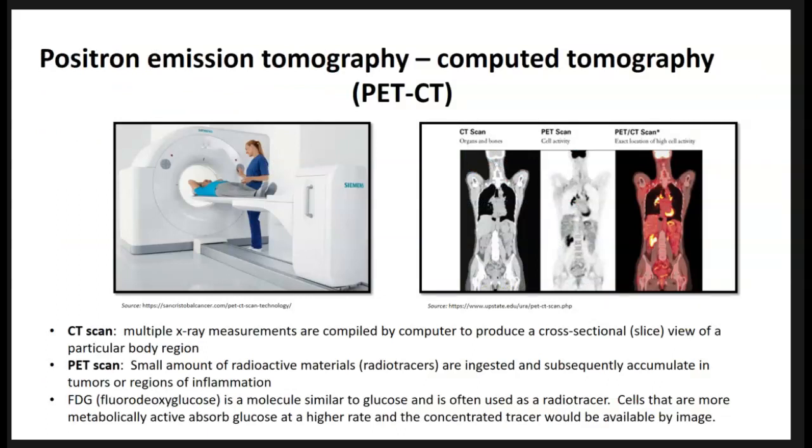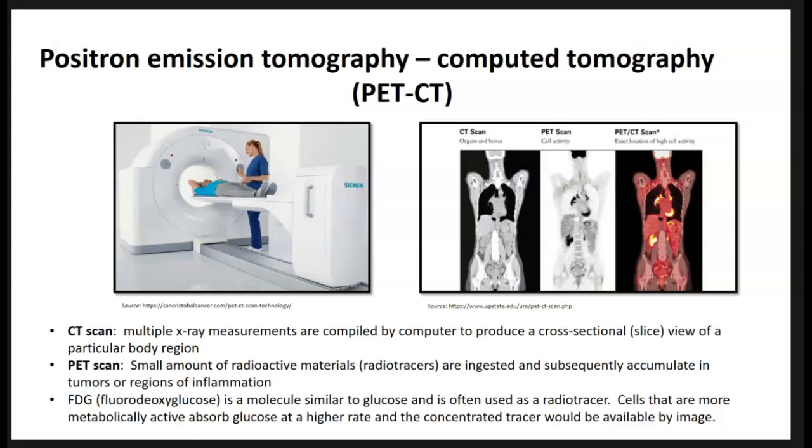One other technique that you should know about when reading this paper is positron emission tomography, or PET-CT scans. A CT scan is a device that uses a rotating X-ray beam to make a cross-section of the inside of someone's body.